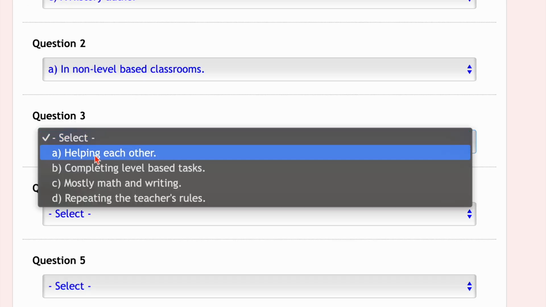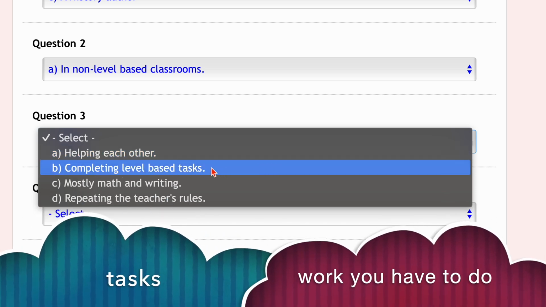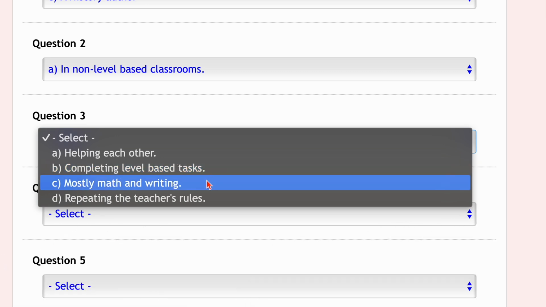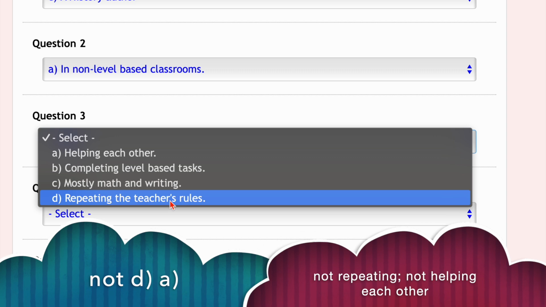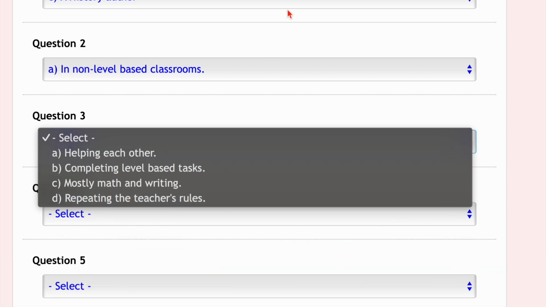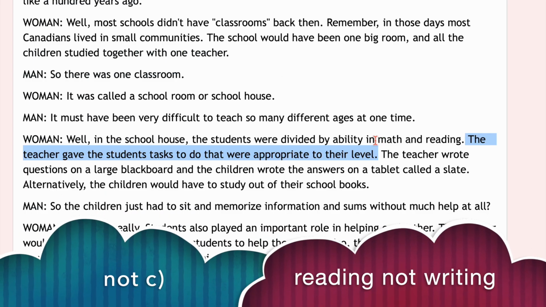Helping each other, didn't say that yet. Completing level-based tasks are like work. Okay, it's work you have to do. And it said here, not repeating the teacher's rules, not helping each other. And it was divided in ability in math and reading.